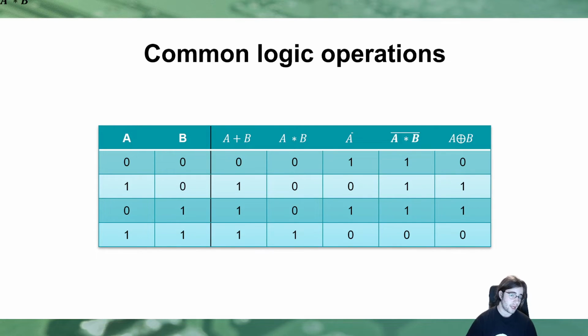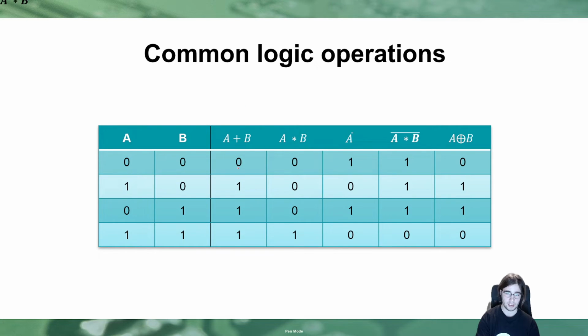Here's a truth table of our logic operations again. We have our values A and B here, and in every column we have written what the solution would be for the specific type of operation.